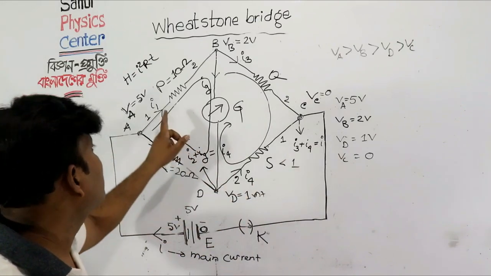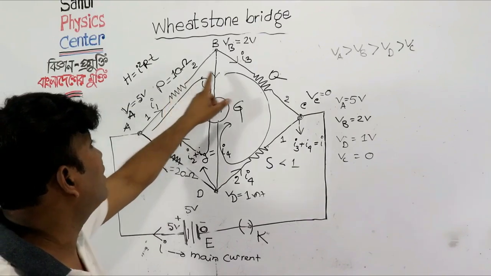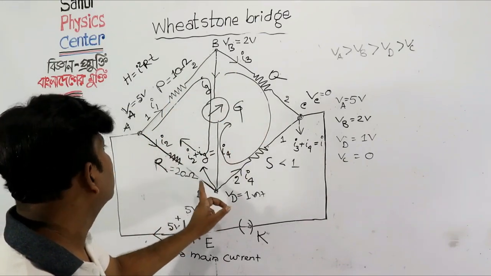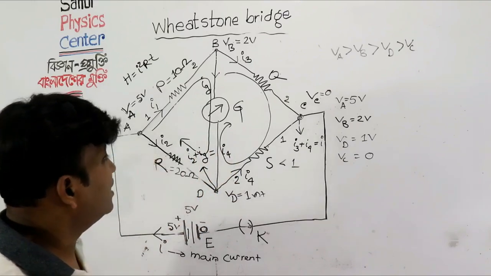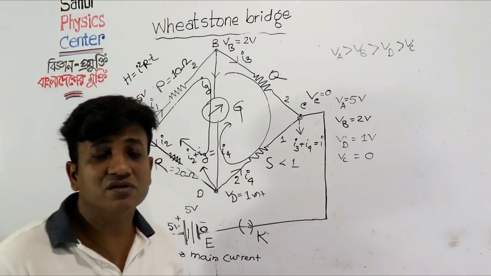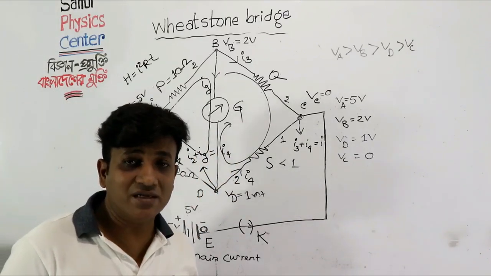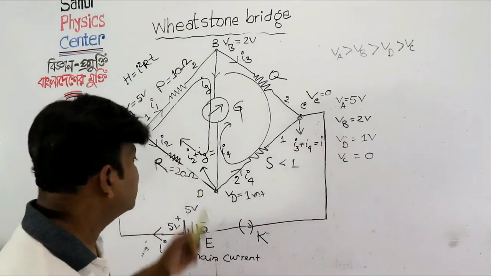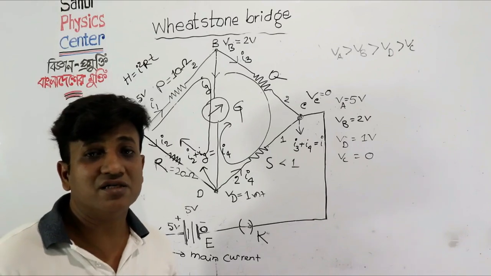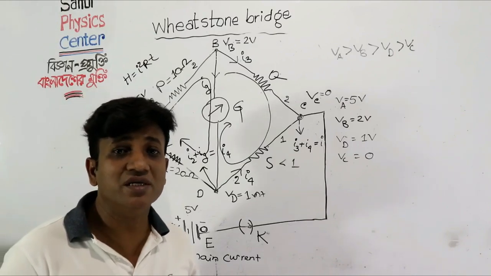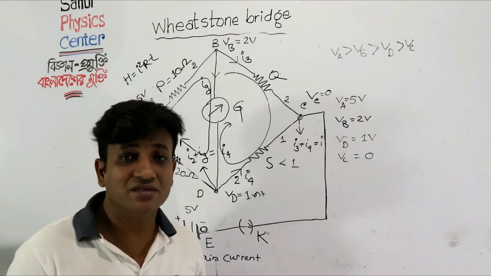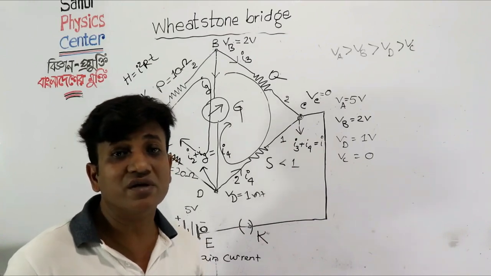In this case, the resistance of the wires AB, BC, CD and DA will also be less than 1 ohm, because we consider these wires have no resistance, but actually there is no wire which has zero resistance.